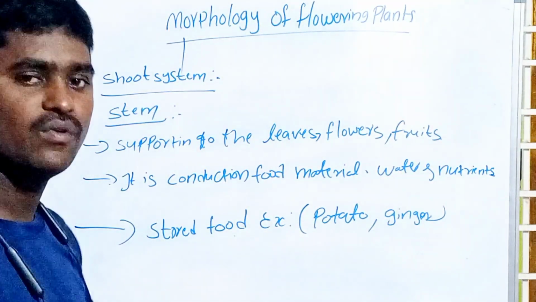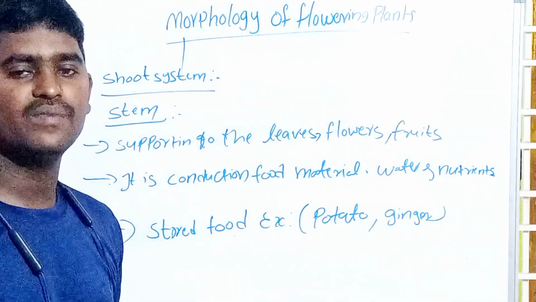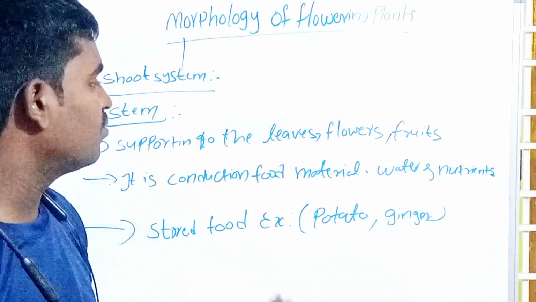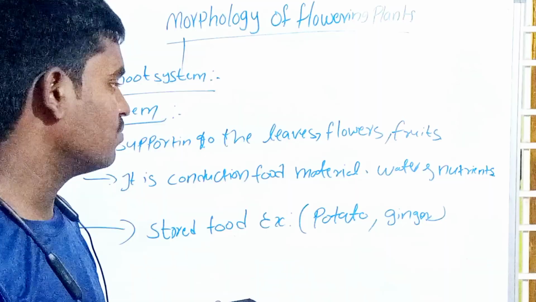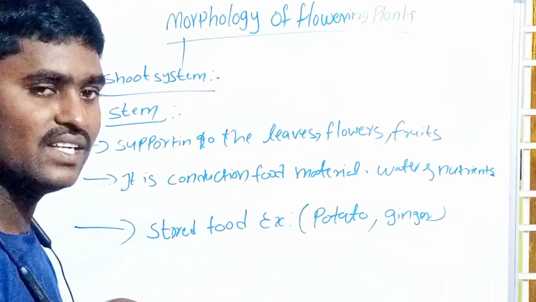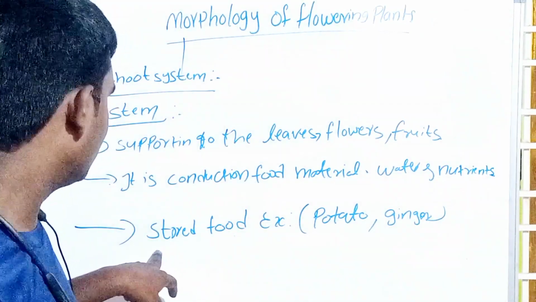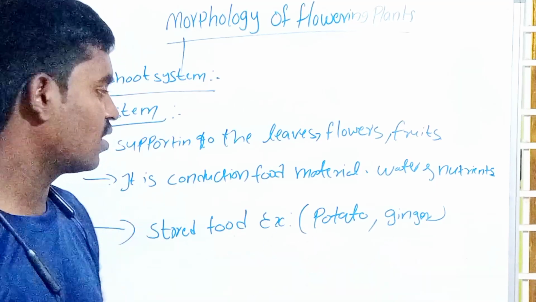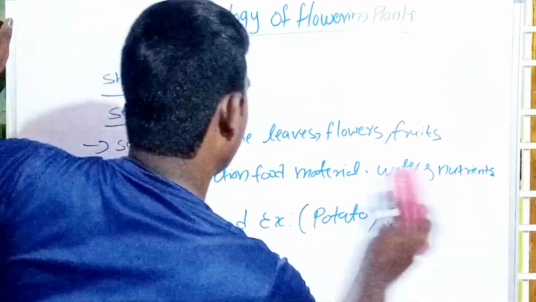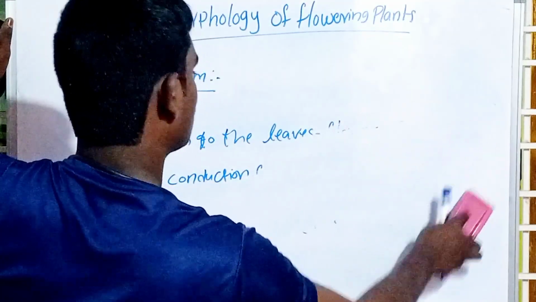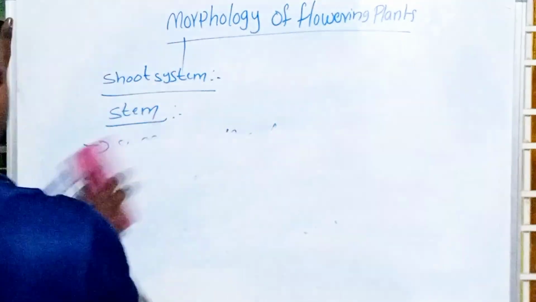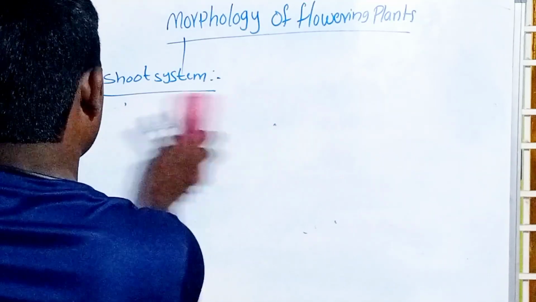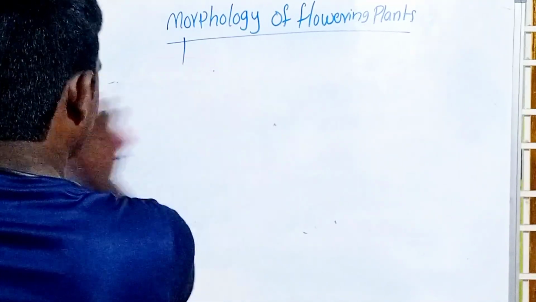It conducts food materials, which are water and some nutrients, through the stem. It also stores food, for example potato and ginger. Next one is leaves.